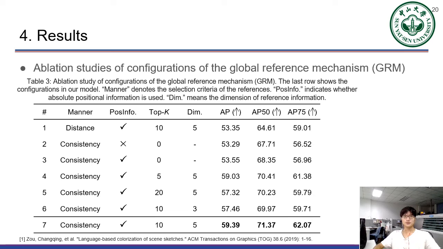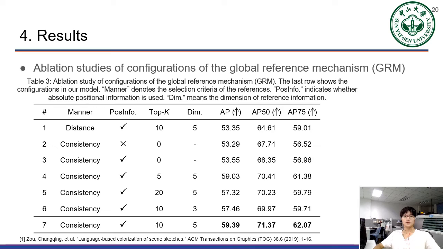Besides, we do the ablation study of configurations of the global reference mechanism. Quantitative results in Table 3 show that the distance-based selection manner works worse than our consistency-based approach, probably due to its lack of ability in accessing necessary references far away. Incorporating the absolute positional information brings slight improvement, but looking up reference information from the GRM brings further improvement.